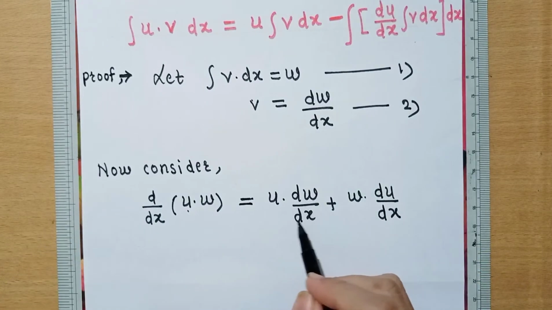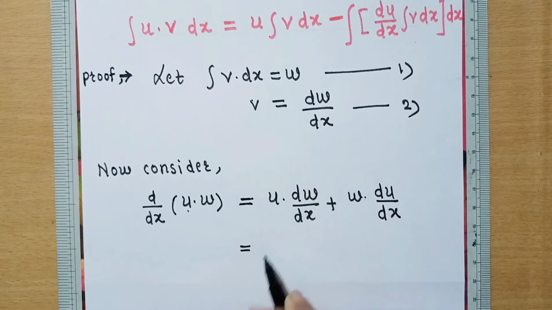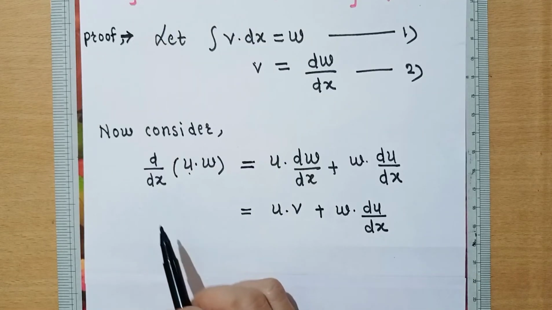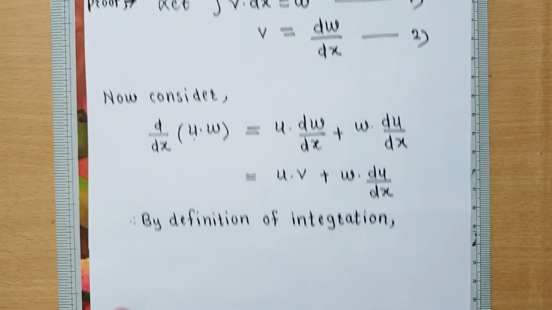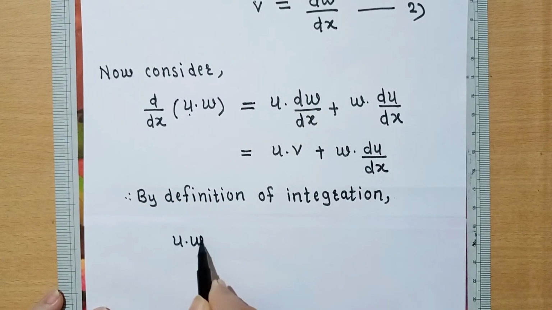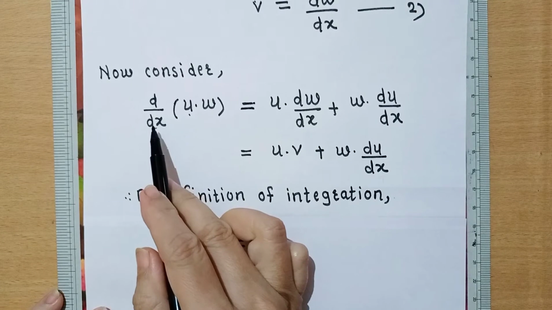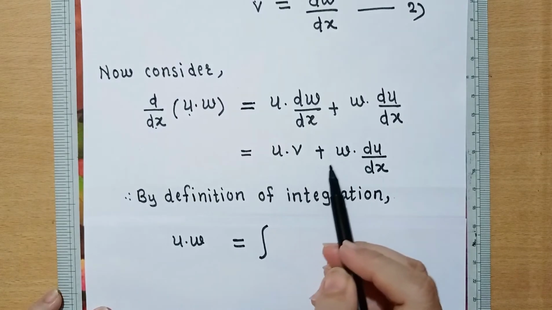Now dw by dx is nothing but v, so we substitute: u dot v plus this term as it is. Since differentiation and integration are opposite processes, by the definition of integration we write u dot w equals the integral of this whole term.